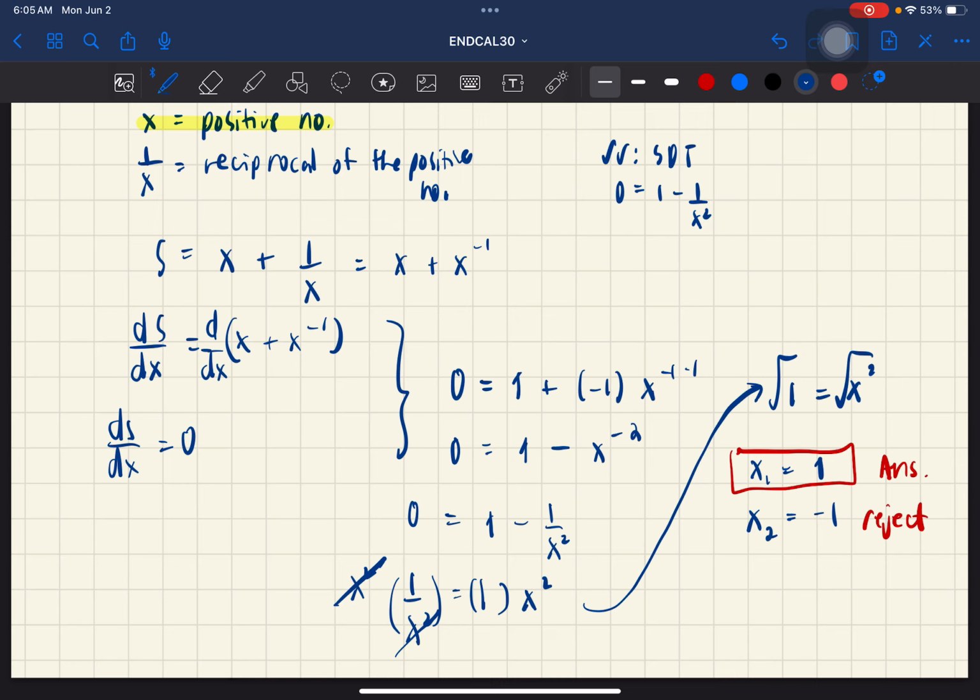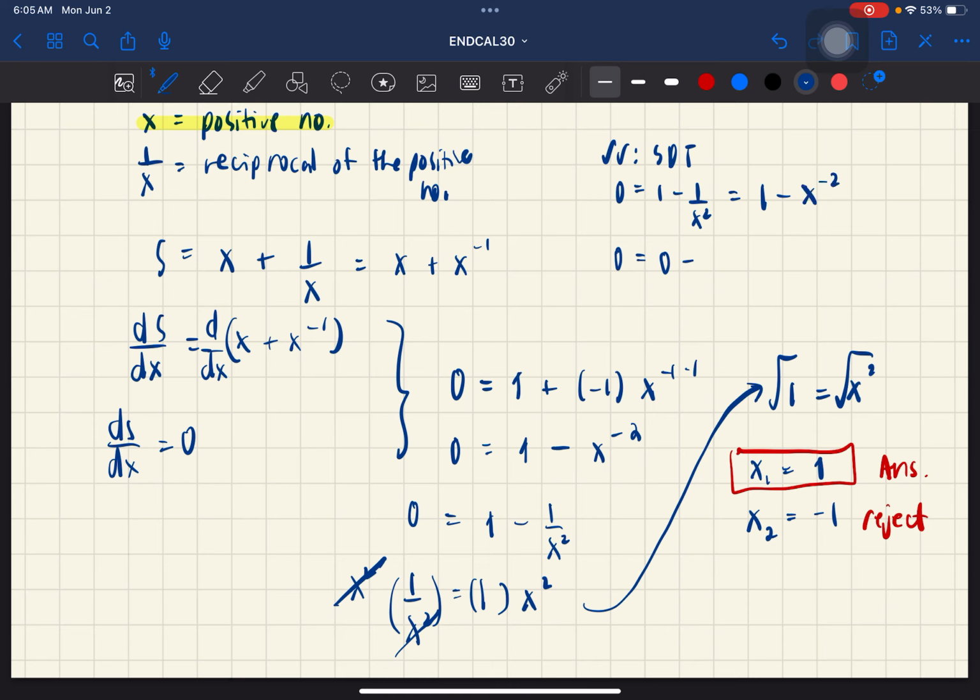So when we get the second derivative, you'll end up with 0 again, and then this will be 0 minus, remember this is 1 minus x raised to negative 2.